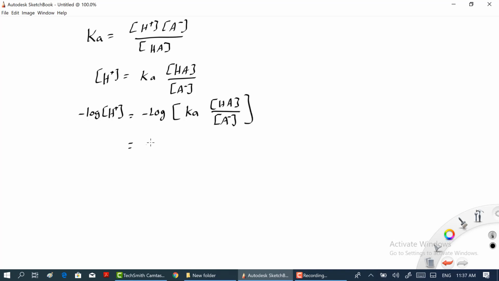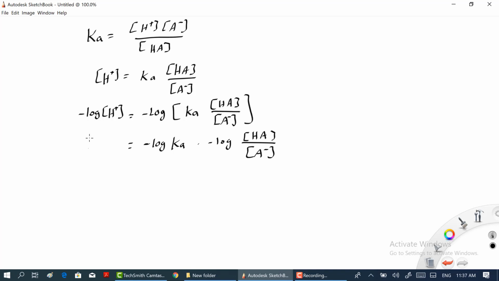So it will be negative log Ka plus negative log HA over A negative.